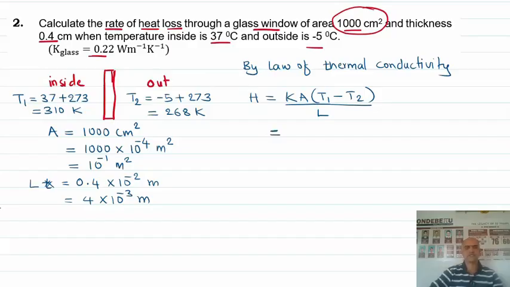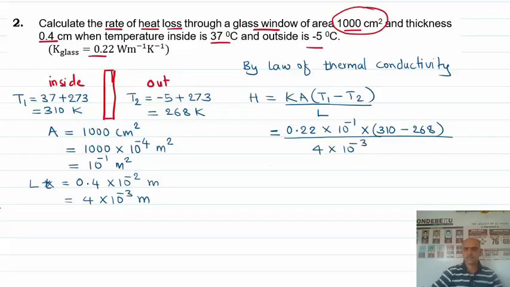In one step the answer comes. K is 0.22. Cross sectional area is 10 raised to minus 1. Then T1 minus T2, 310 minus 268, divided by thickness or length, that is 4 into 10 raised to minus 3.